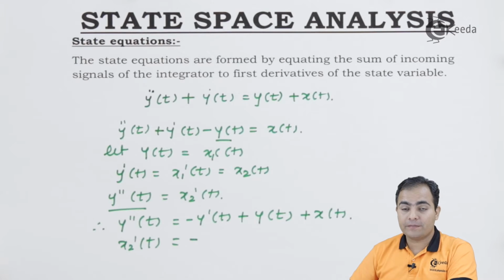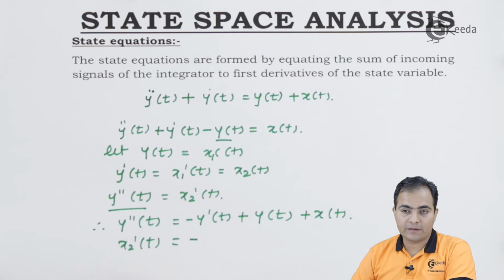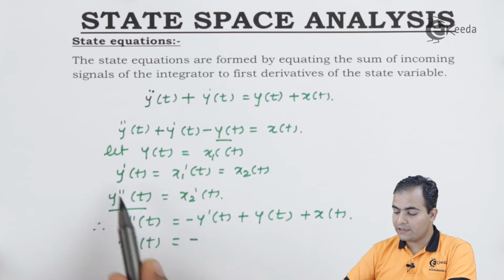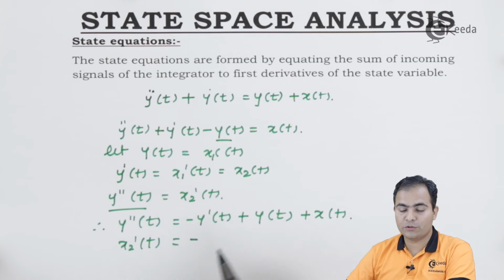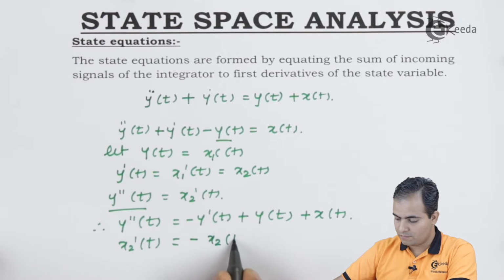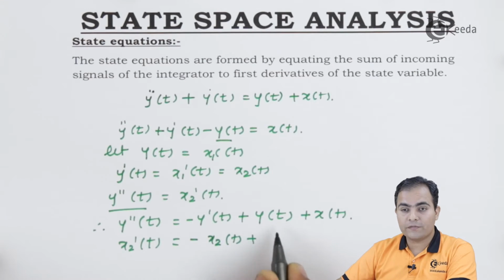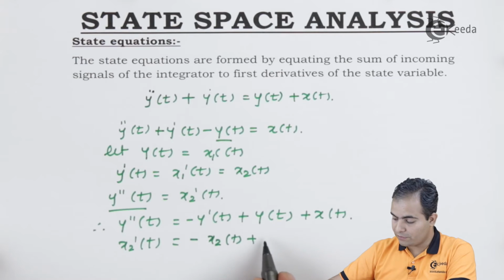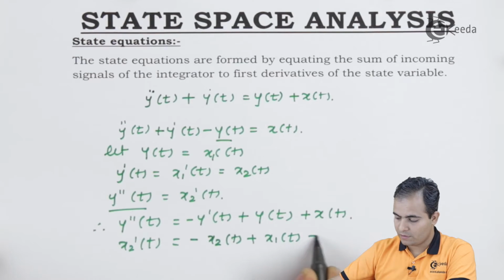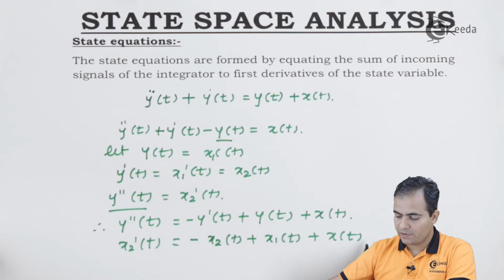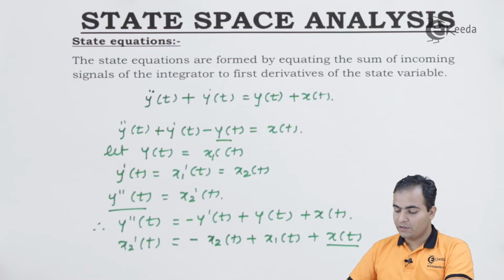On the left hand side we will keep the higher order or higher differential order of state variable, that is x2 dash of t. And on the right hand side we will write the simple form of state variable, that is y dash of t is represented by the simple form x2 of t, and y of t is replaced by the simple form x1 of t, plus x of t, which is my input.